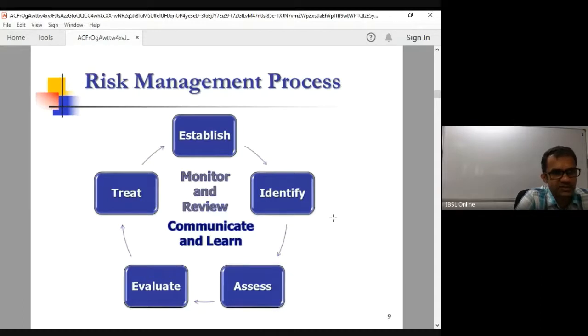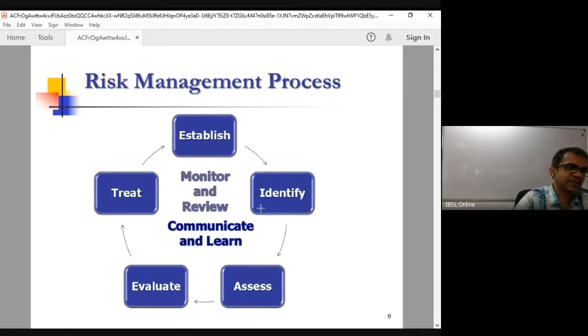So in this, there are 5 steps: establish, identify, assess, evaluate, treat. That goes in a cycle, and overall, there should be monitoring and review, communication and learning.